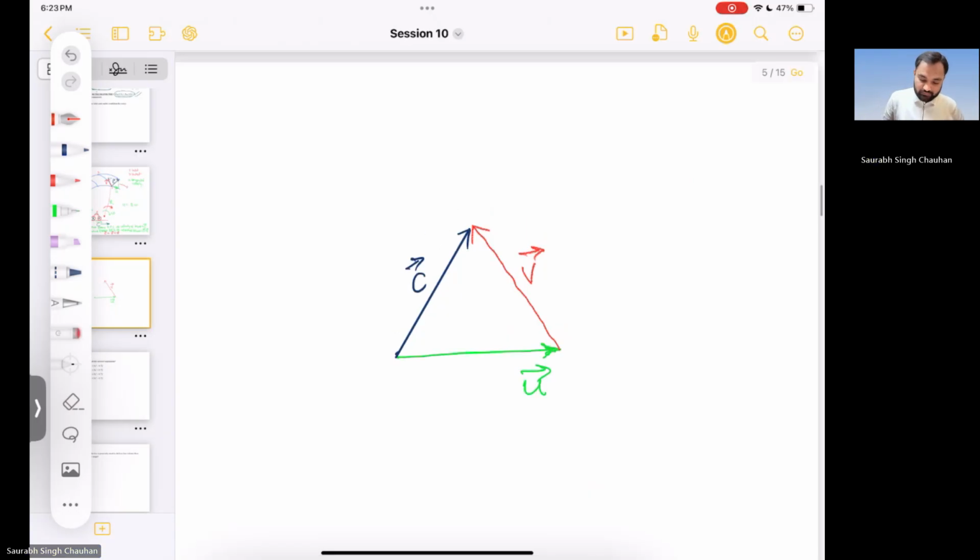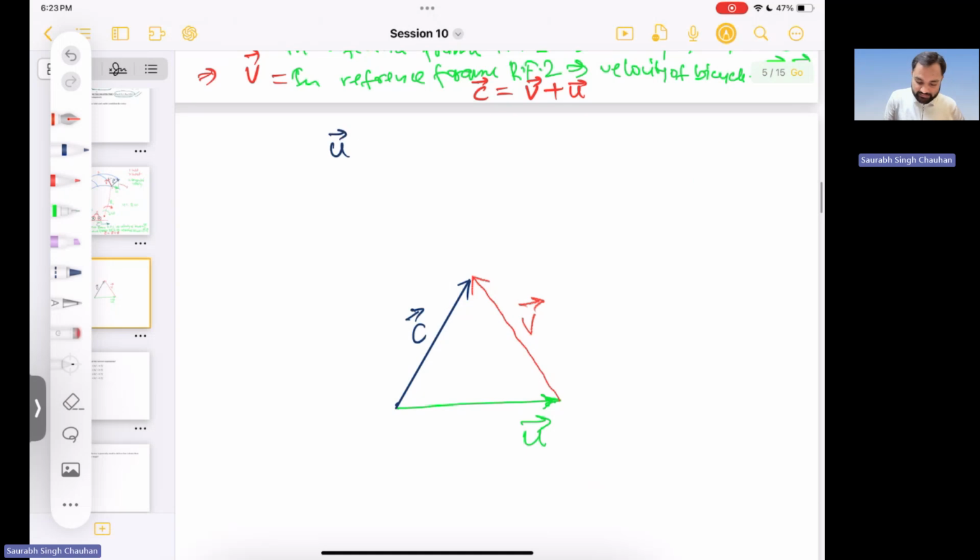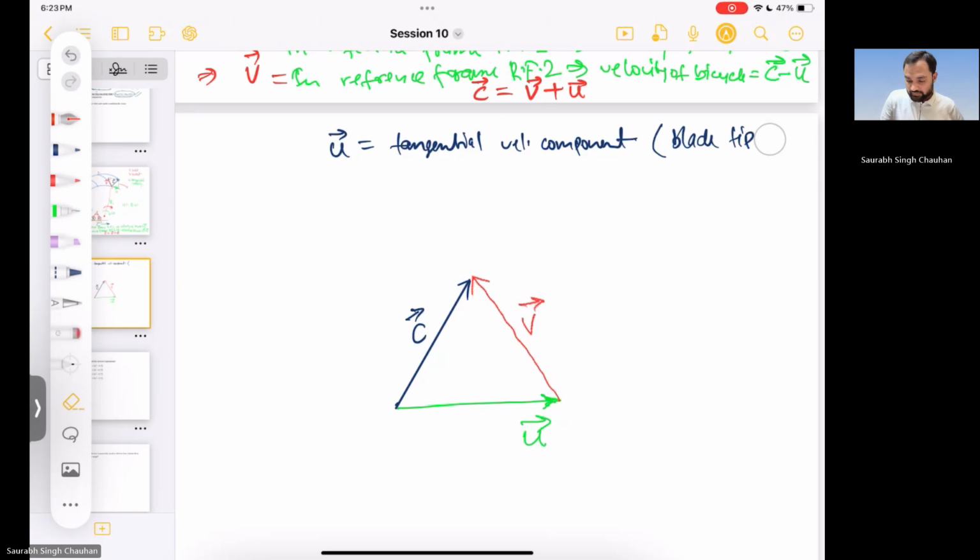So the U vector is basically the tangential velocity component. It is the blade tip velocity. And V is the relative velocity of fluid.